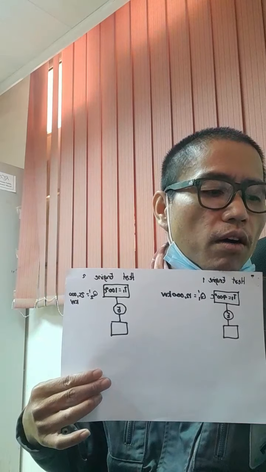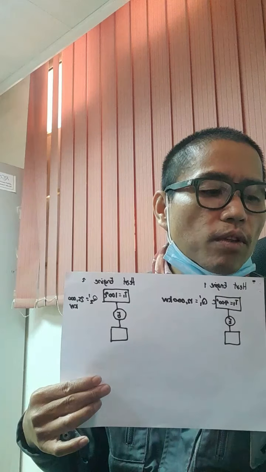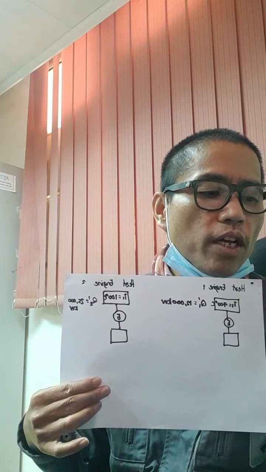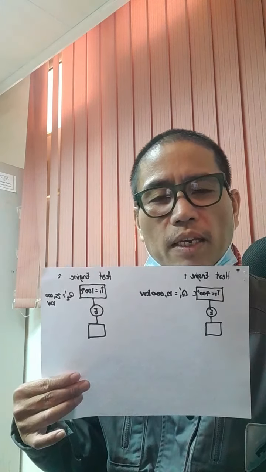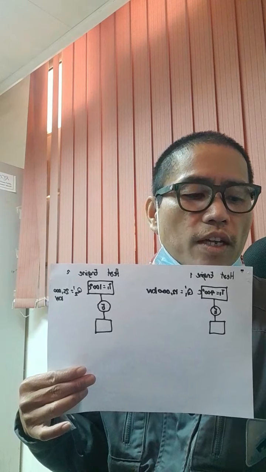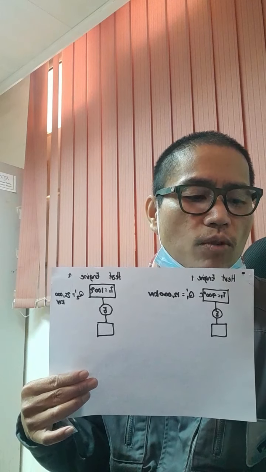So in the second, it draws 25,000 kilowatts from a source at 100 degrees Celsius. In both operations, meaning in heat engine 1 and engine 2, the engine rejects heat to a thermal sink at 20 degrees Celsius. So rejects heat, meaning to say this is negative. Okay, 20 degrees Celsius.